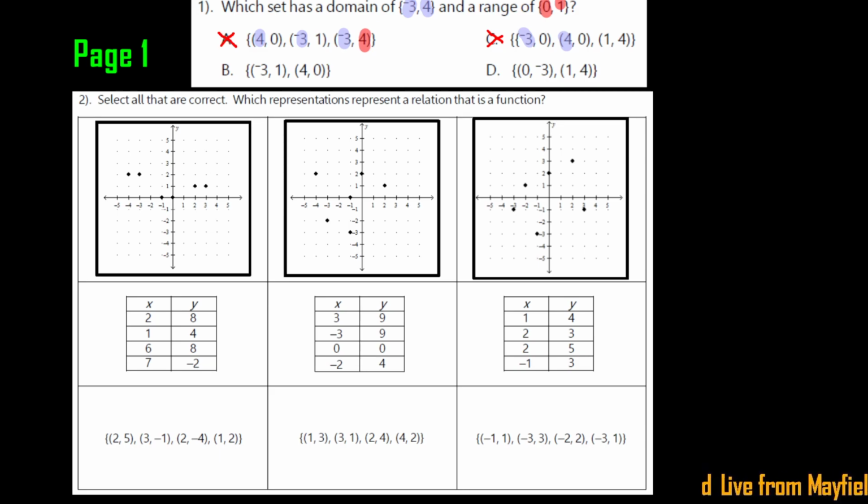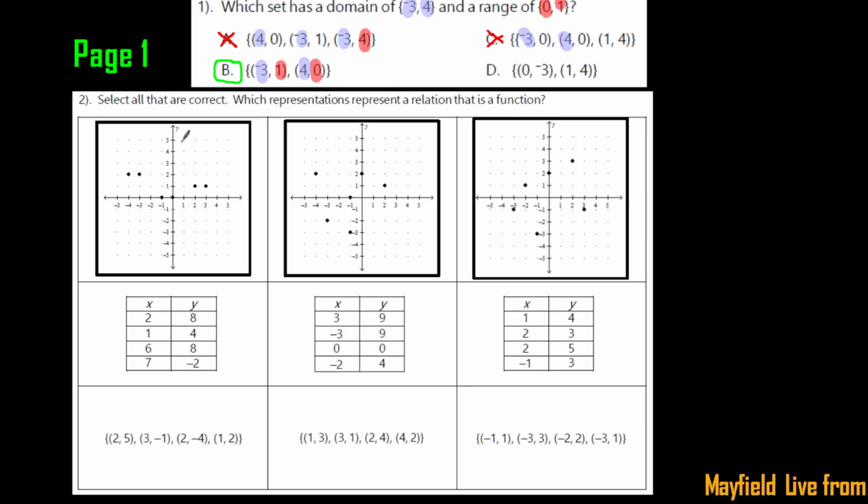For the third one, we have -3, +4, and for our y values we have 1 and 0. So we know that we should be good with choice B. Again, it has to have that domain of -3, +4, and a range of 0, 1.